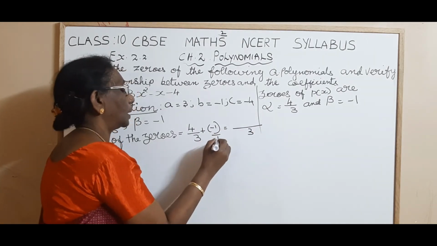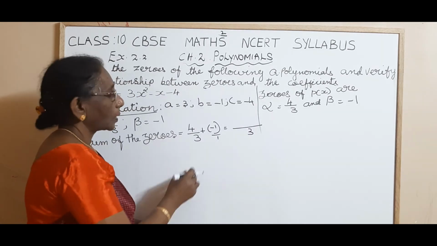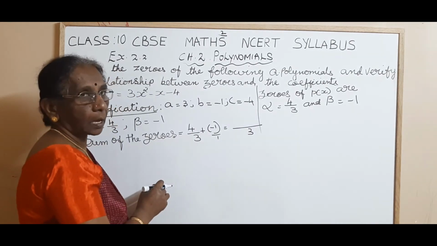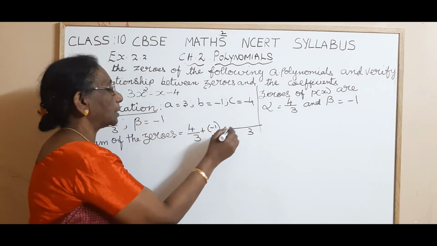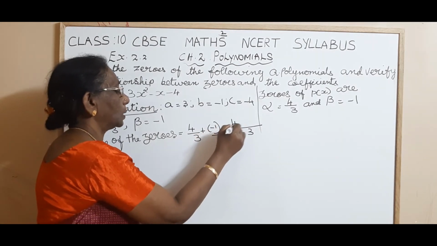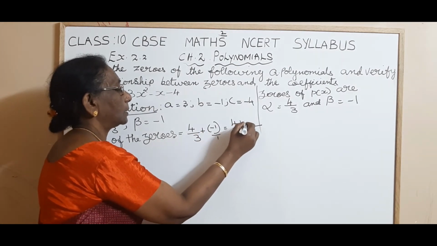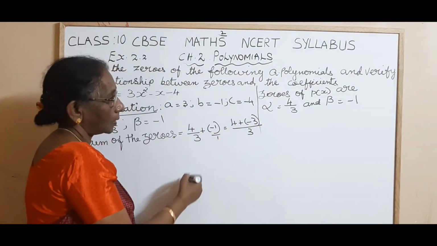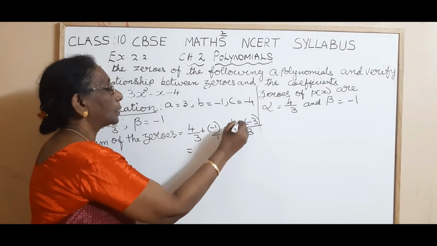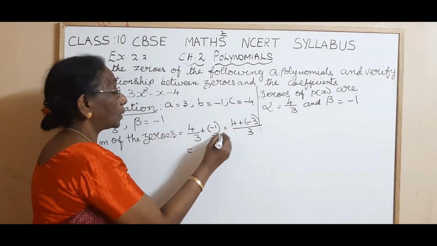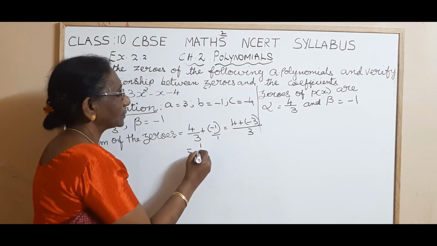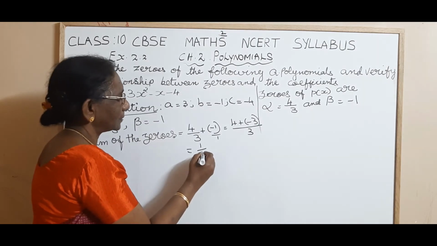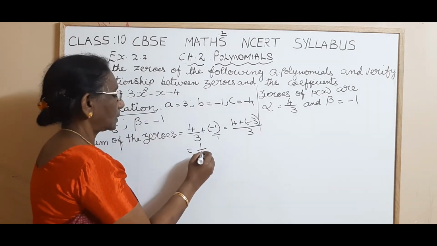This is 1 by 1, LCM is 3. 3 ones are 3, we have taken as the common factor. Now cross multiply. 4 ones are 4 plus minus 3 ones are 3. Okay, so that is equal to 4 minus 3, what is that? 1 by 3.